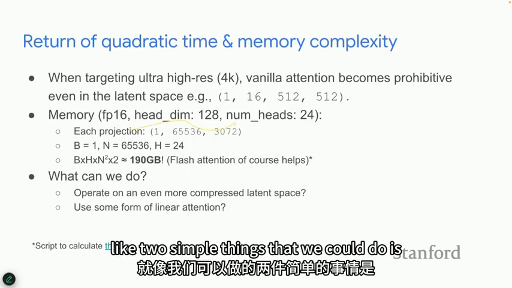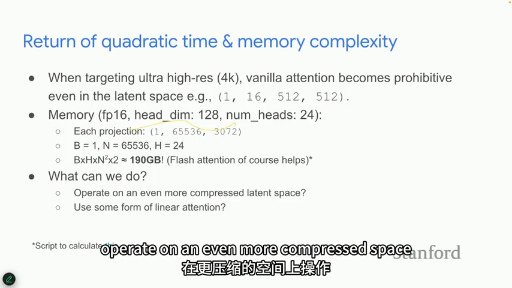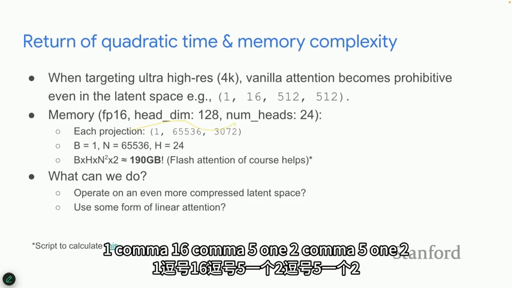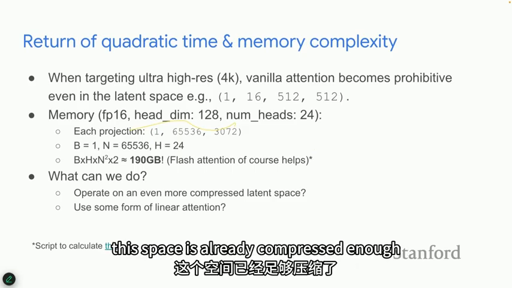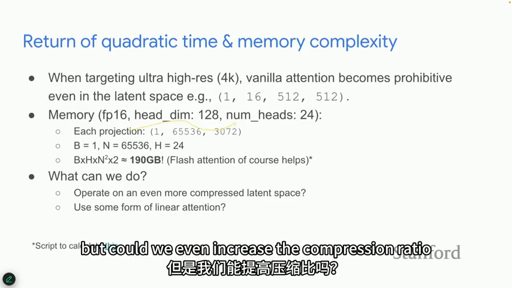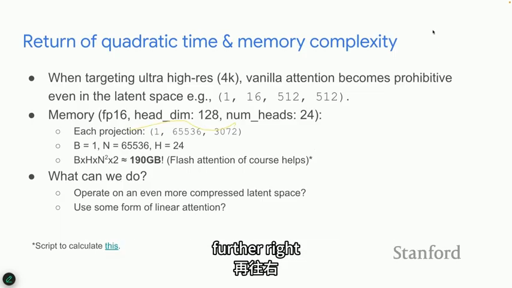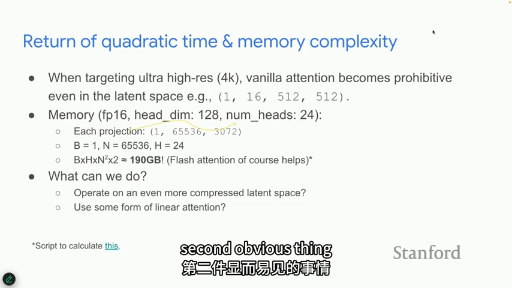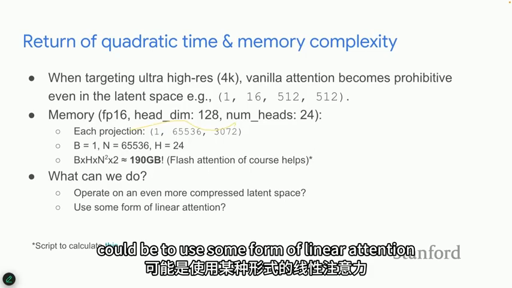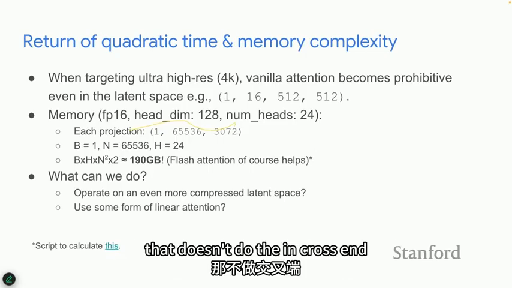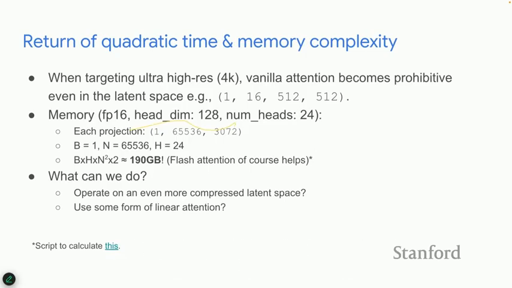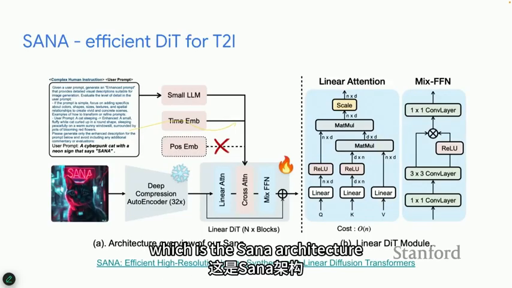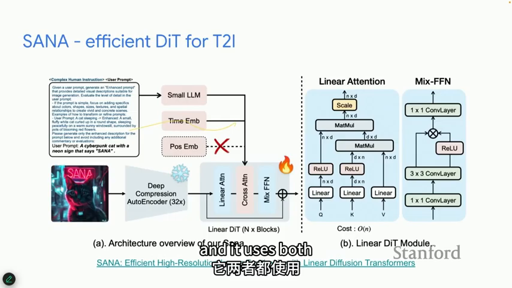Two simple things that we could do: operate on an even more compressed space. This 1x16x512x512 space is already compressed enough, but could we even increase the compression ratio further, right? And the second obvious thing could be to use some form of linear attention that doesn't do the n cross n multiplication. So that brings me to my next architecture, which is the SANA architecture, and it uses both.